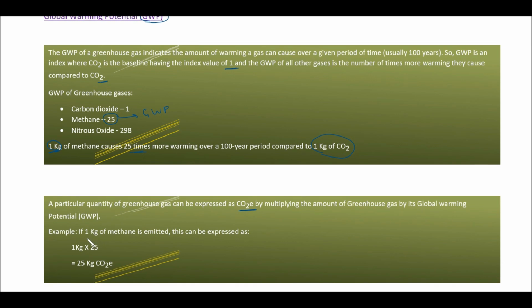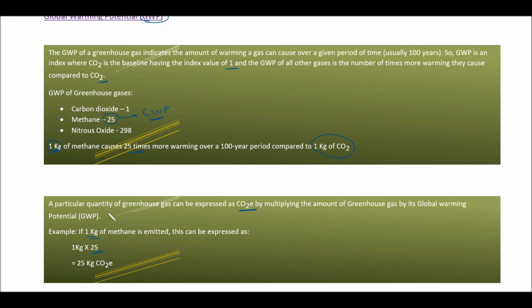For example, if 1 kg of methane is emitted, this can be expressed as 1 kg multiplied by 25. This 25 is nothing but the global warming potential for methane. And this then becomes 25 kgs of carbon dioxide equivalent. Similarly, if it was 2 kgs of methane, so 2 multiplied by 25, that is 50 kgs of carbon dioxide equivalent.